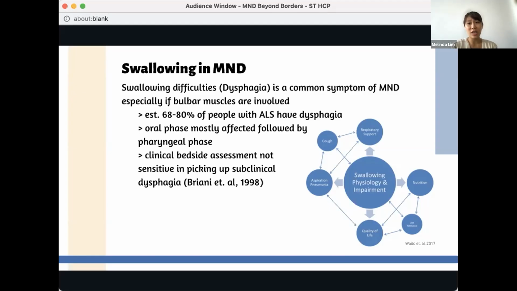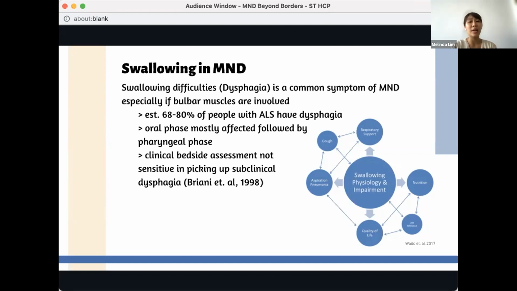Some signs of dysphagia could include unexpected, unintentional loss of weight. The person could be eating and eating and eating, but they're just not gaining or maintaining their weight as they should. Other signs would be loss of food and fluids out of the mouth.